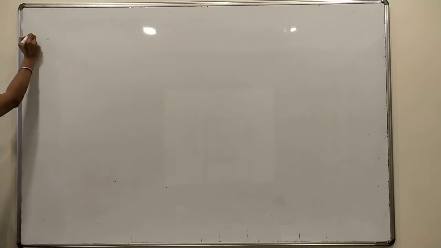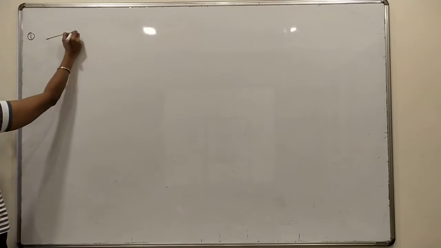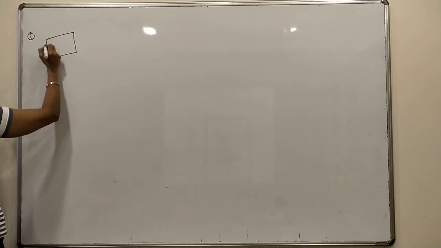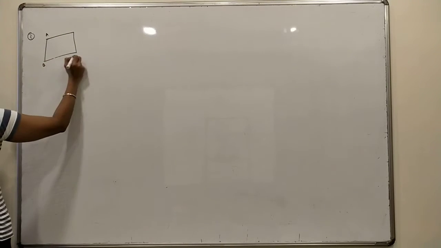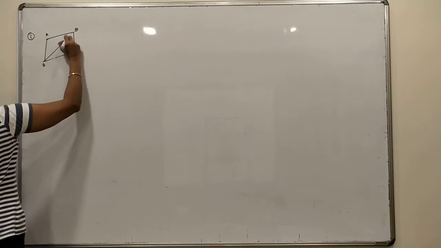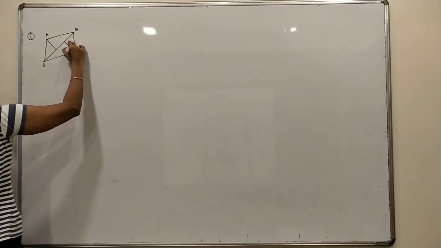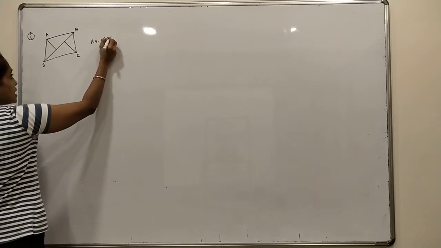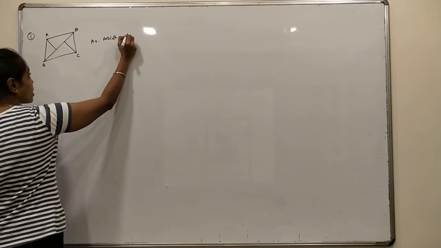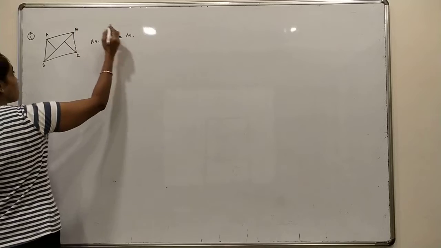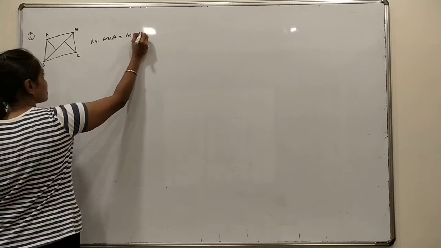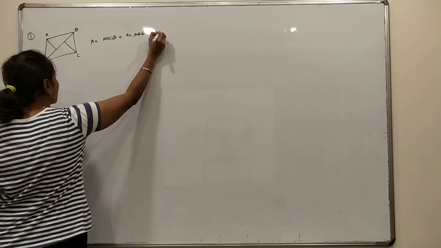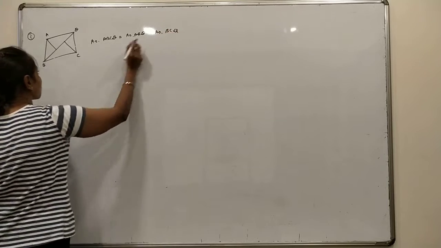Right? The first is quadrilateral, any random type of quadrilateral ABCD. Area of ABCD is equal to area of ABD plus area of BCD.